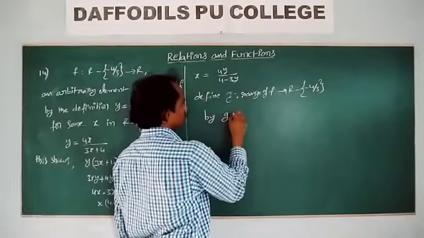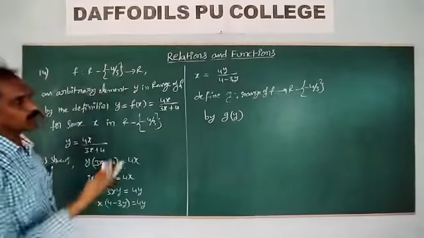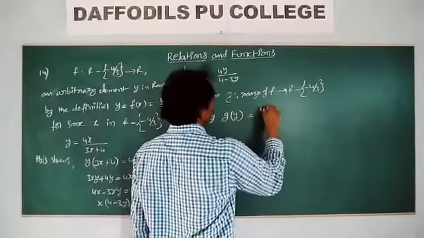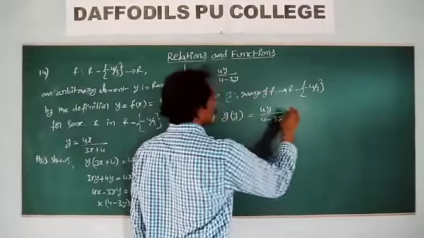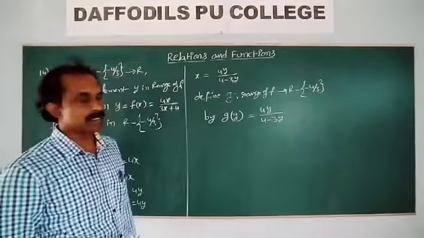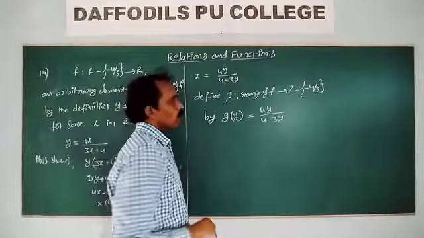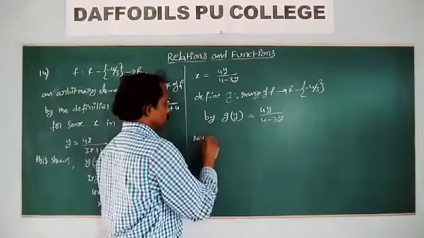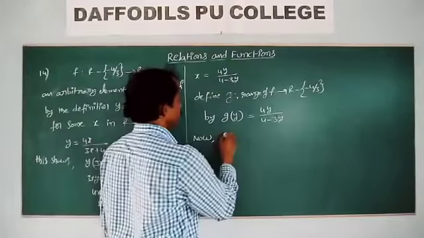How can you define g of y? For function f we have f of x; for function g, g of y is equal to x. That x is 4y by 4 minus 3y. Now we show that g circle f is the identity and f circle g is the identity function.